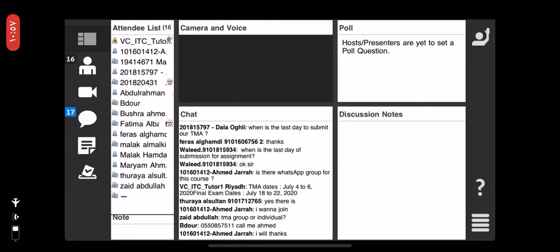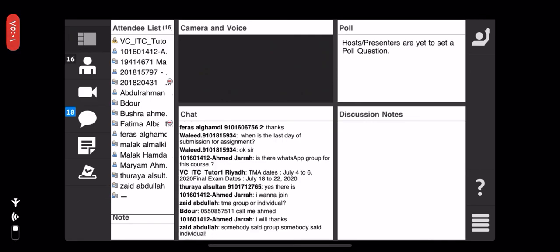So this is what we call 207. 207 is a group.